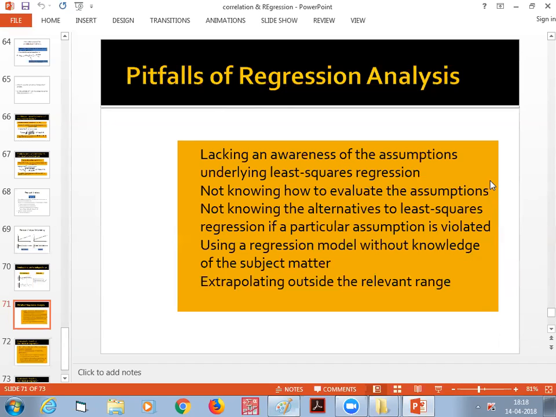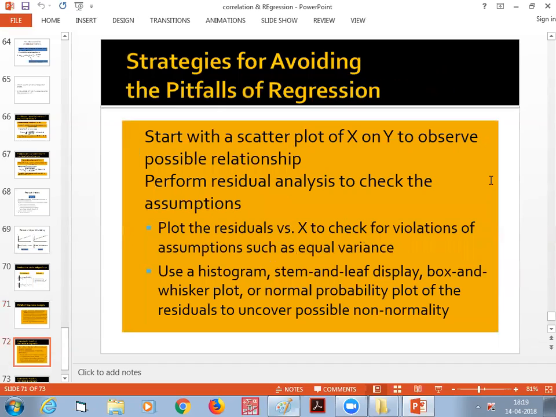So these are the pitfalls, or in fact more than pitfalls, these are the necessary things a data analytic person should know when developing a regression model. So how to avoid all these things? Once you understand the possible pitfalls, start with a scatter plot of x and y to check the possible relationship.